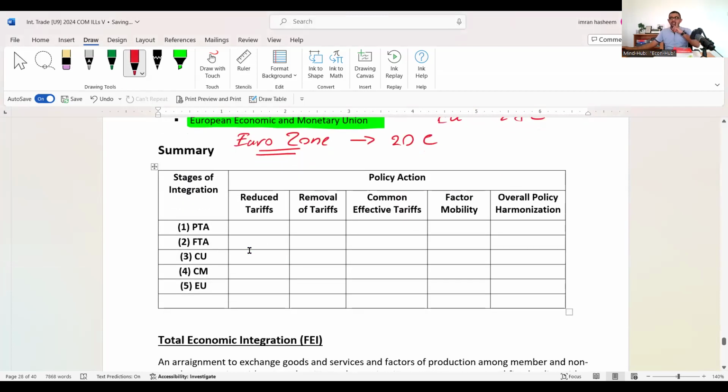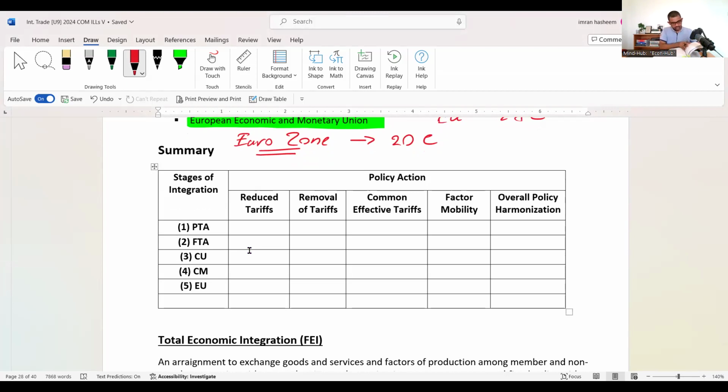Right. Then this table I have taken from your professor's text. So I'm going to help you fill it because it's an easy way to remember these levels of integration. Some of the terms might be a bit different from what I would have used, but it's nevertheless a useful thing to have.